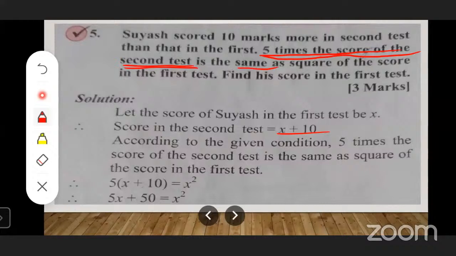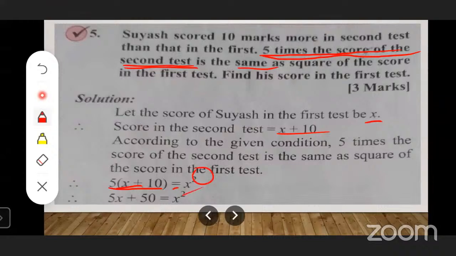What is the score in the first test? X. What is its square? X square. And what is the condition given over here? 5 times the score in the second test is equal to the square of the score in the first test.